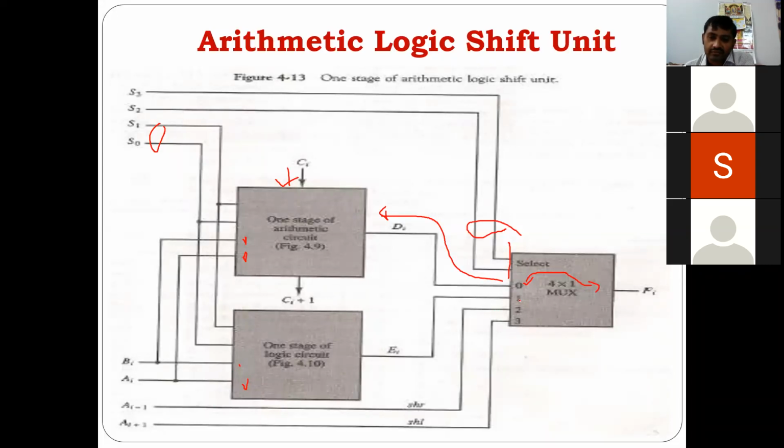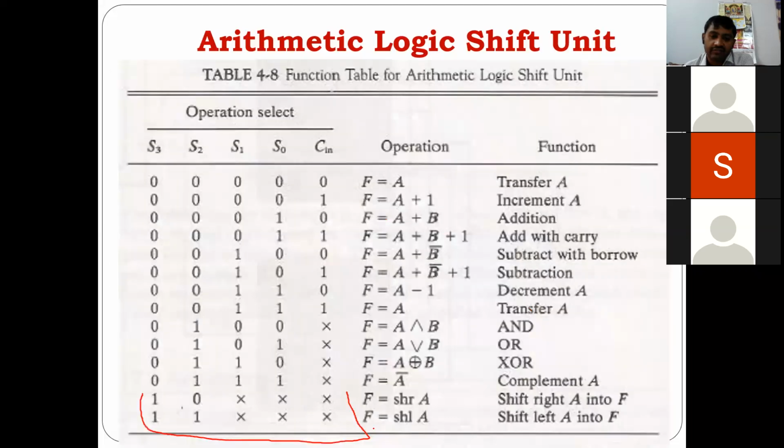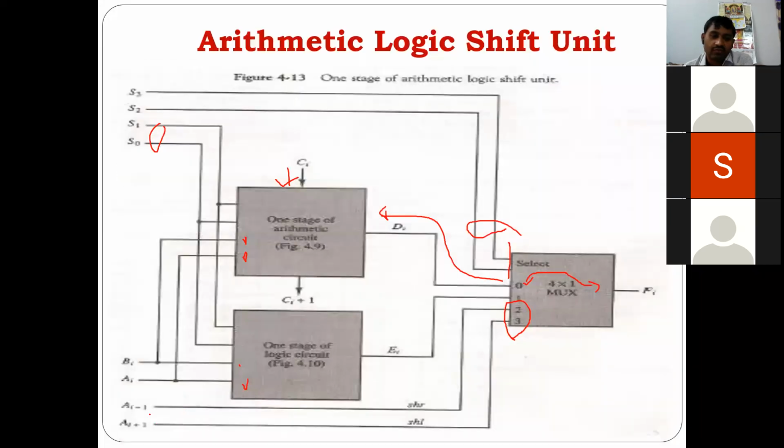Here, this one will also be there. When it is 1, 1, then these two will be there, A1 and A0. That is shift left and shift right. We are not bothered about these contents because these are already completed. So when S3, S2 is 1, 0 and 1, 1, then these two are used.